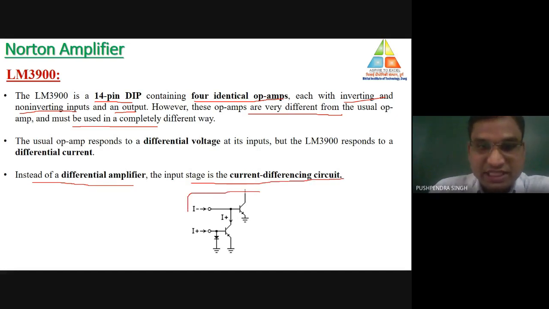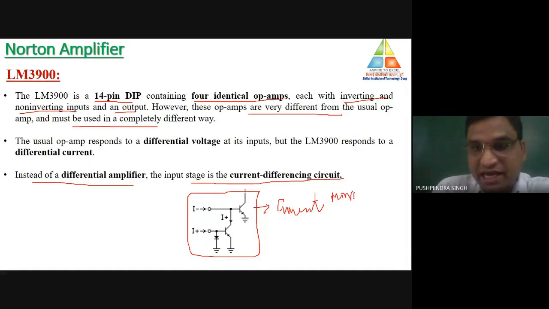This is the input stage of the LM3900, where you can see this arrangement is called the current mirroring arrangement. We have already discussed the current mirror circuit. What is a current mirror? In a current mirror, the output current must be equal to the mirror image of the input current.